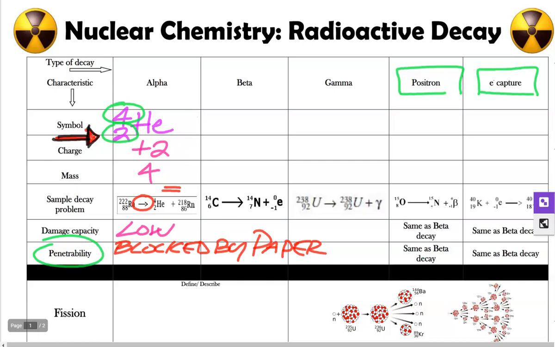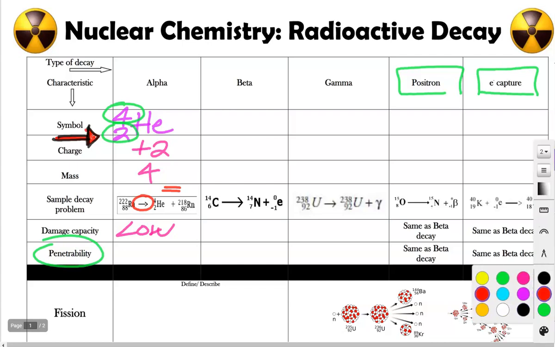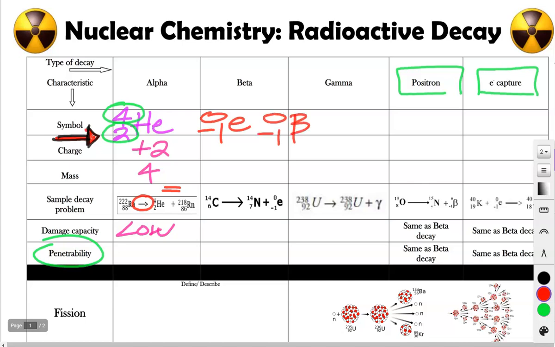So let's go ahead and clean this up. Give me a little more space so I can look at beta. So I'm going to clean up a few things here. So the beta particle is going to be quite a bit different, because it's going to look like this, a 0 over -1 e, or a 0 over -1 and this Greek beta.